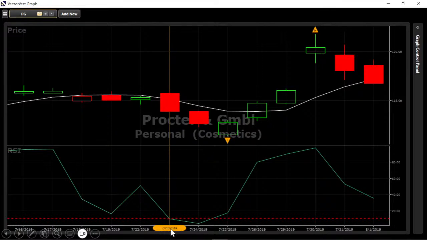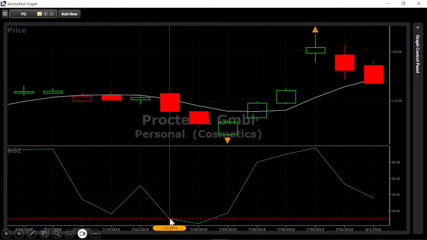July 23rd of 2019, we have a setup. Why? Because the price of the stock we know is above the 200-day moving average, but as you can see on this day, it is going to close below the 5-day moving average, and the 2-period RSI was below 10.